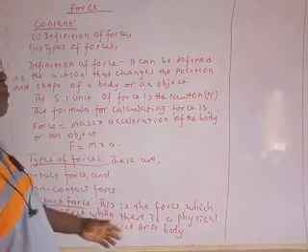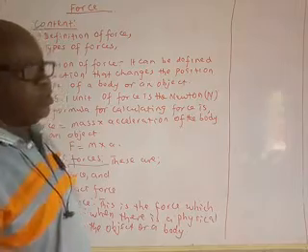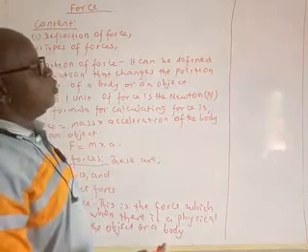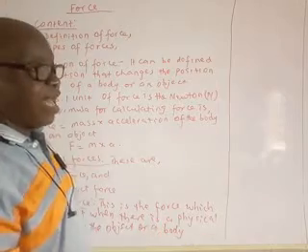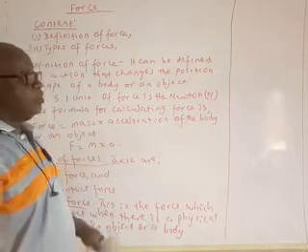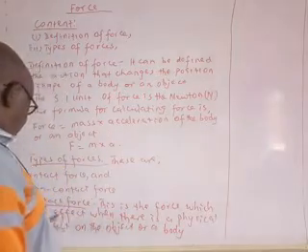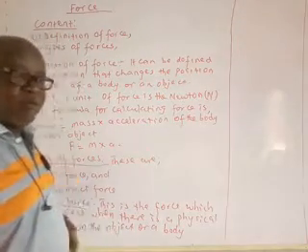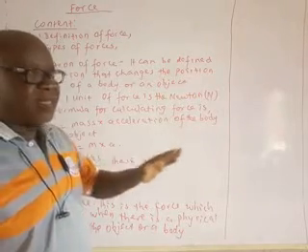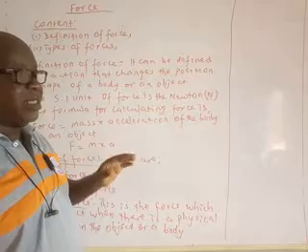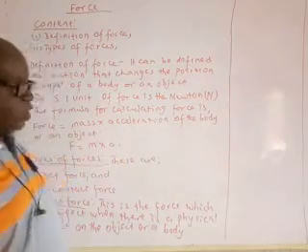So we have several examples of contact force. We have push, pull, tension, and frictional force. So push is the force coming from behind that has effect on the object and moves it forward away from the force.